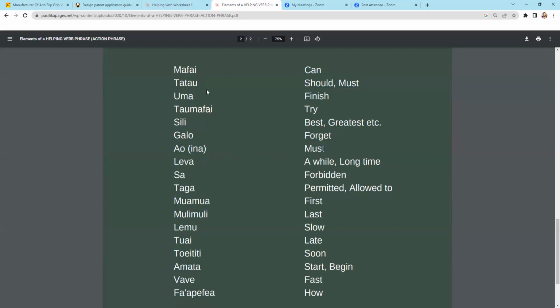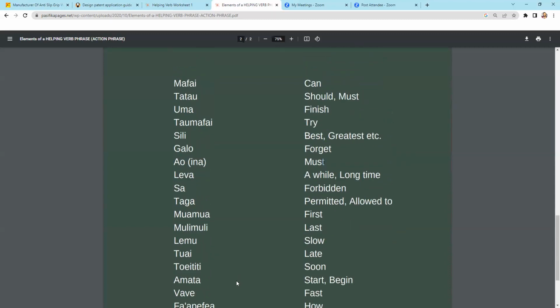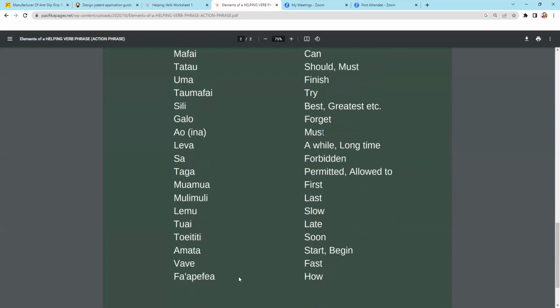So 'mafai ona', 'tatau ona', 'uma ona', 'taumafai ona', 'sili ona', 'ngalo ona', 'leva ona'. 'Sa' is forbidden, 'tanga' is permitted to or allow, 'muamua', 'mulimuli', 'lemu', 'fai', 'itiiti', 'amata', 'vave', 'faapefea'. So these are some common helper verbs, and you're going to see 'ona' after all of these, except for 'aua'.